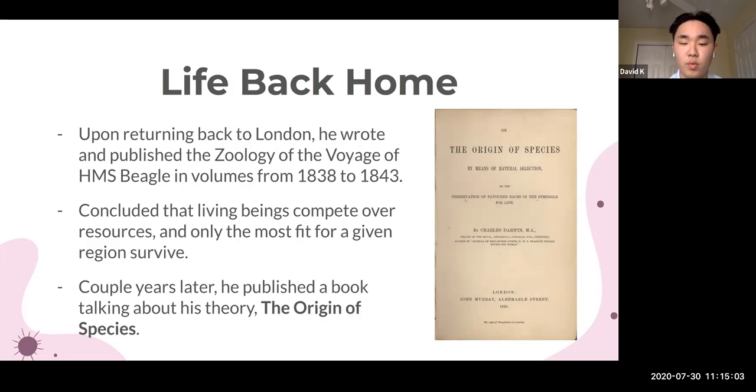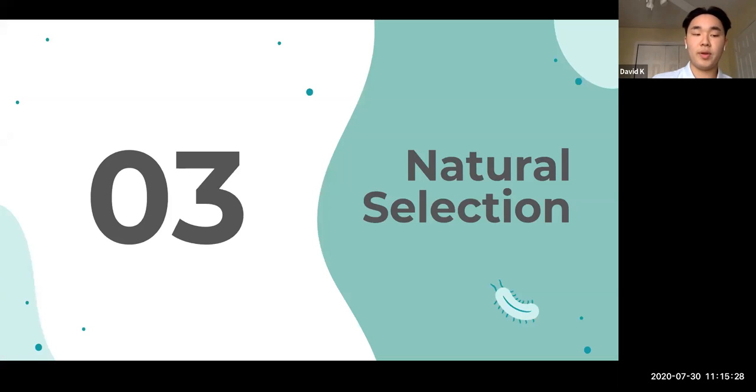We'll go over this in more detail later, but fit does not necessarily mean athleticism or how strong the organism is. It's more how adapted the organism is to its environment to survive. It's its ability to survive, basically. On the right, we can see a picture of the actual book that he wrote, The Origin of Species. Now we'll be going deeper into the process of natural selection and what it really is.